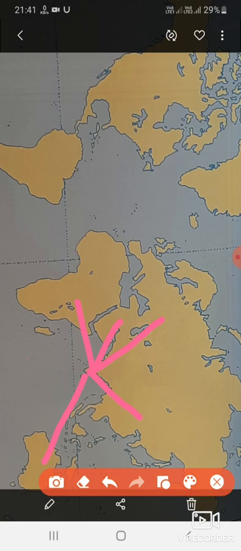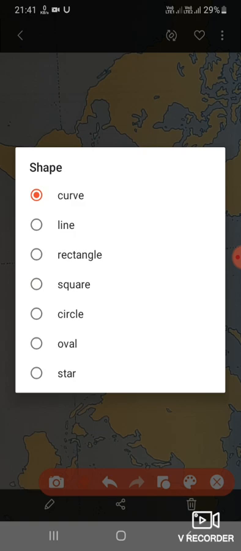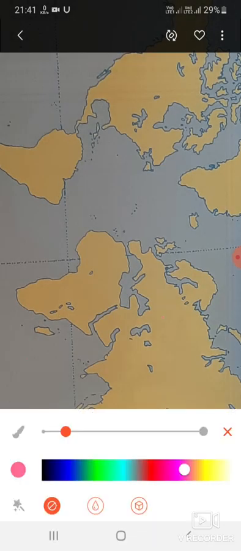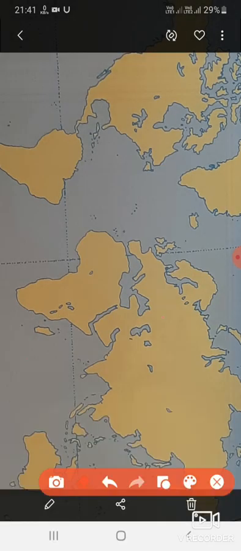Now, with the help of the same map, I am going to explain how the Indian Ocean got its name. Now, in the previous class only, I said about the coastline. India is having a long coastline on the Indian Ocean.